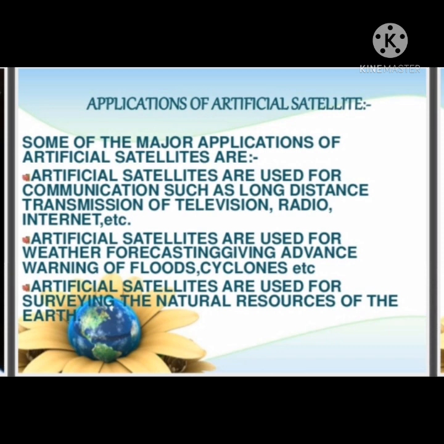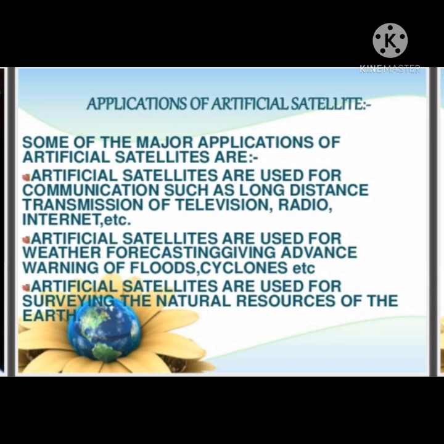Artificial satellites are also used for surveying the natural resources of the earth. So we can calculate how the natural resources are protected or consumed. Everything can be identified with the help of artificial satellites.